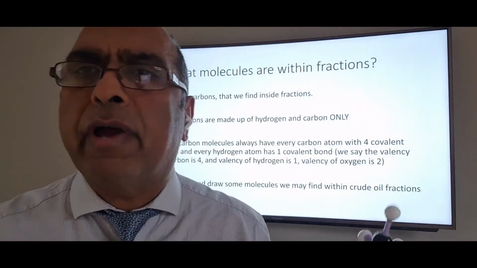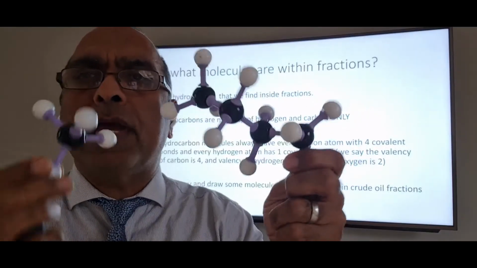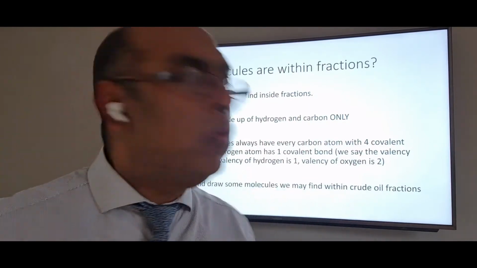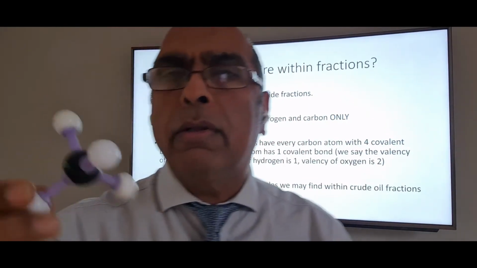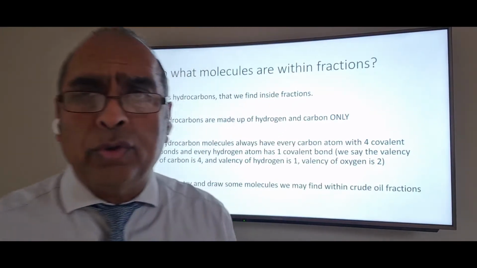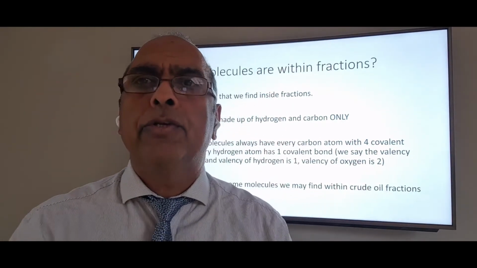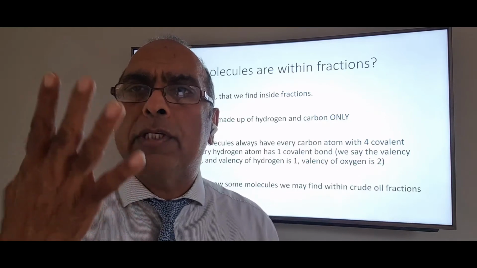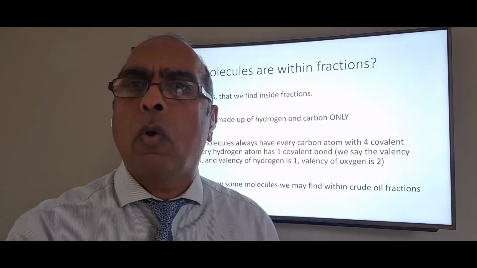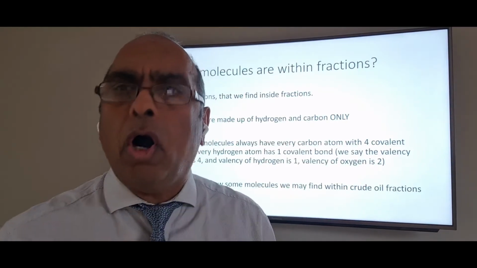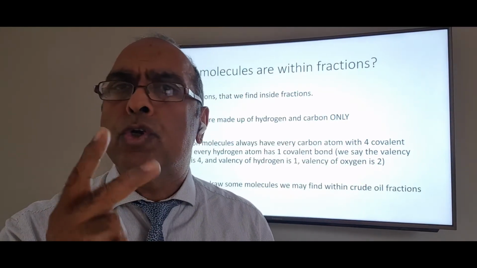Different molecules are hydrocarbons because they both contain carbon and hydrogen only. And every time we have such a molecule, there are some rules that you must never break. So carbon always has 4 bonds. Hydrogen always has 1 bond. Oxygen, if it's present, has 2 bonds.